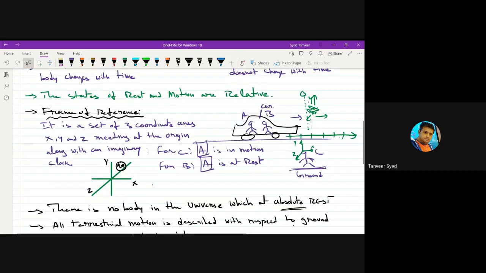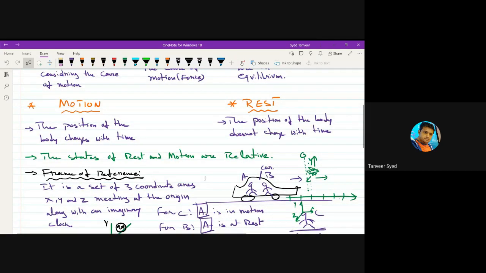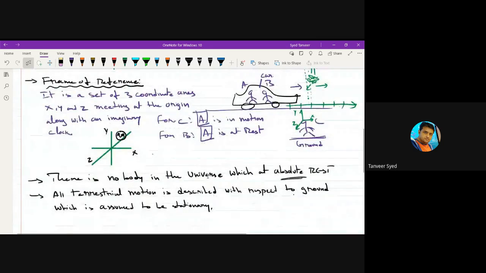Okay, motion and rest are relative, and frame of reference.